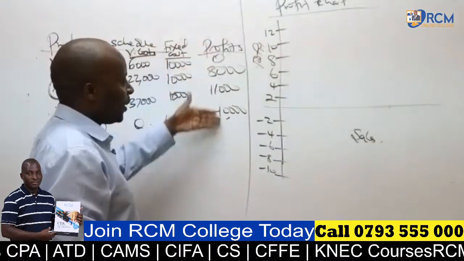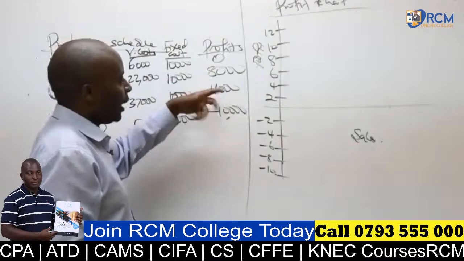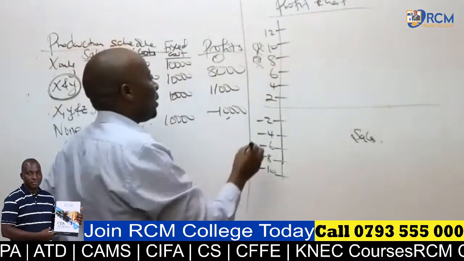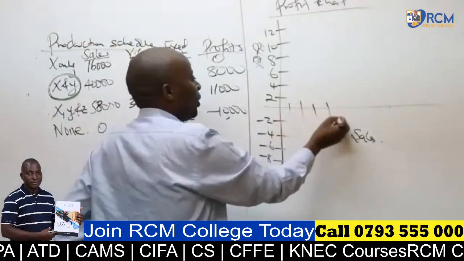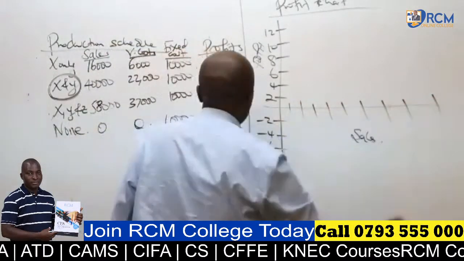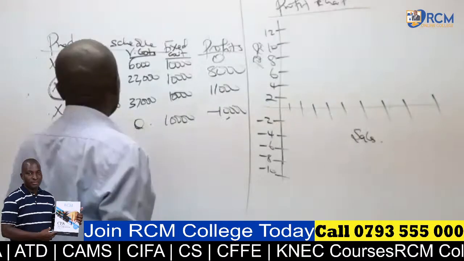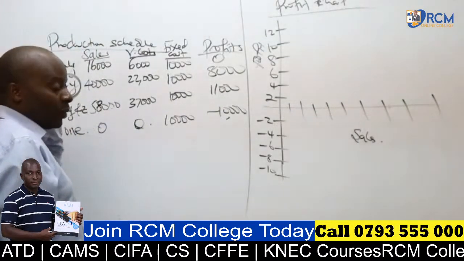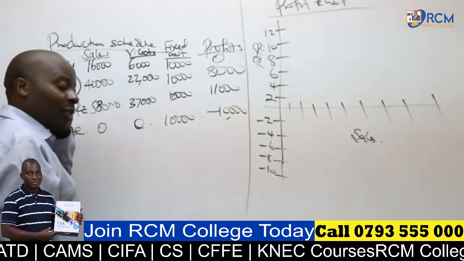I'm capturing the profits here, 12 because of the 11. Then we do the same for the sales. For sales, we have 0 and all the way to 58,000.